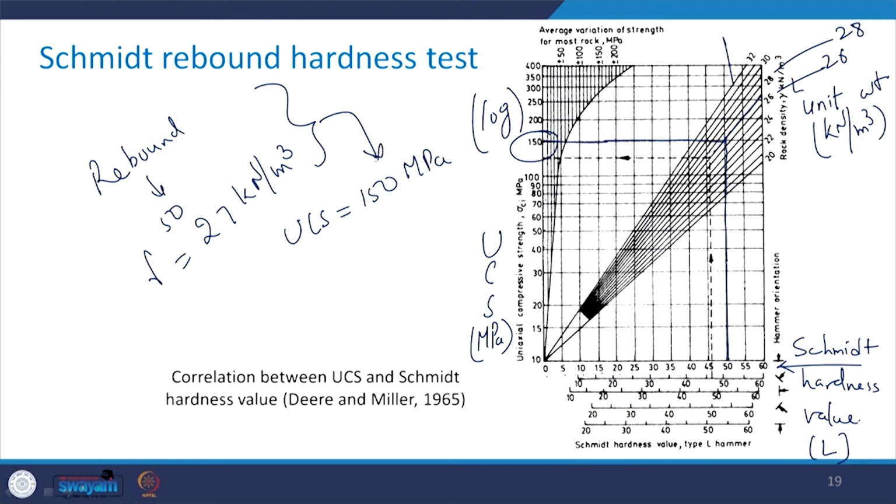So, like this, from the Schmidt rebound value we can find out the UCS of that rock surface.